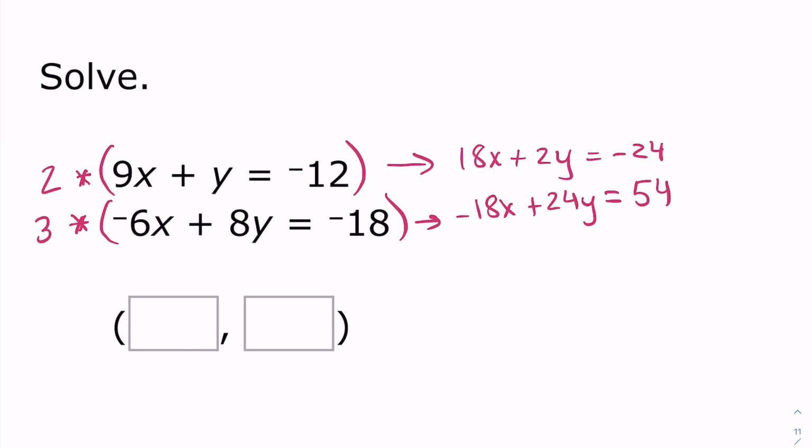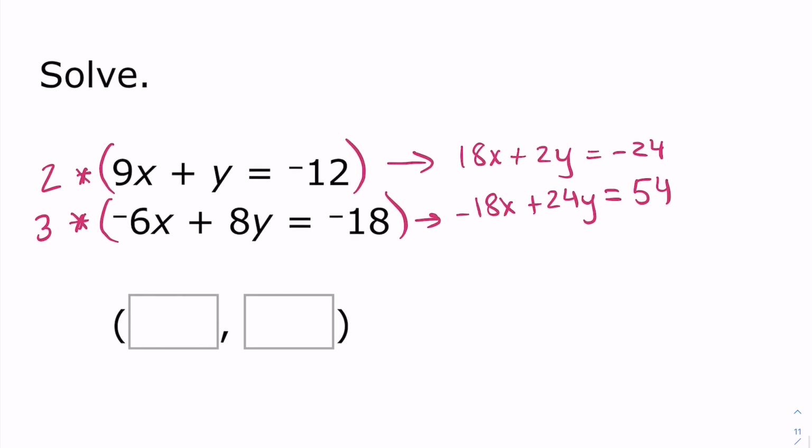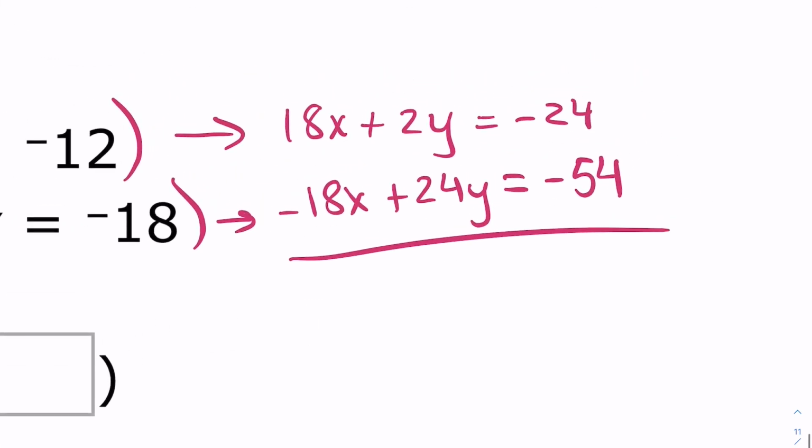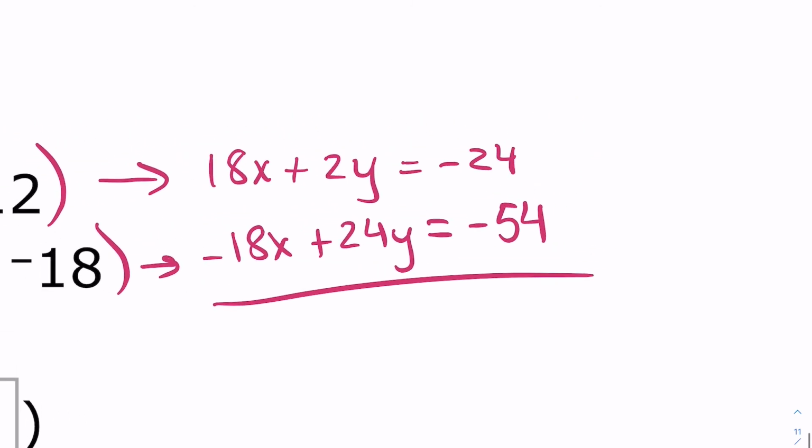Why does this look strange? 9, 18, 2y, negative 24, 6, 12, 18, 8, 16, 24, and, oh, it's negative 54. There we go. Okay, be careful. See, 3 times negative 18, it's a negative, and so it's negative 54. I did the math in my head, and one of the numbers wasn't working, and I realized why.